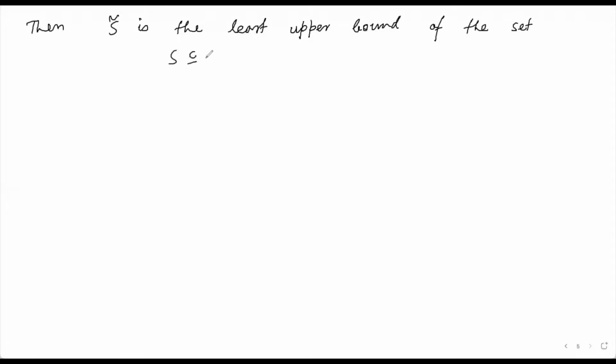Then S tilde is the least upper bound of the sets S subset of A with S subset of h of S. Now we have the second claim which completes the proof.